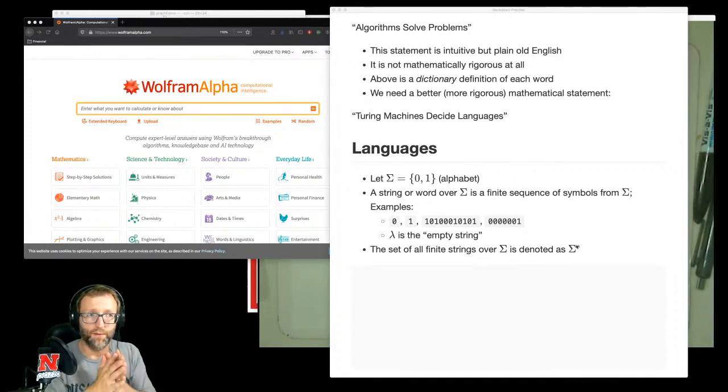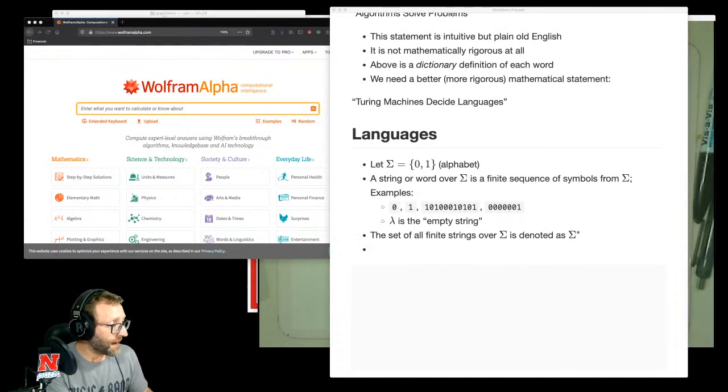If I want all instances of A or AA or AAA, I would say A star, 0 or more instances of whatever sequence I'm defining. If you're not familiar with regular expressions, I highly recommend that you get familiar with them because they're so useful. But that goes beyond the scope of what we're looking at right now.